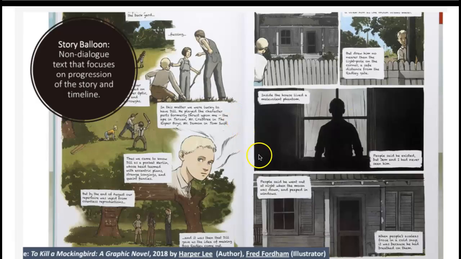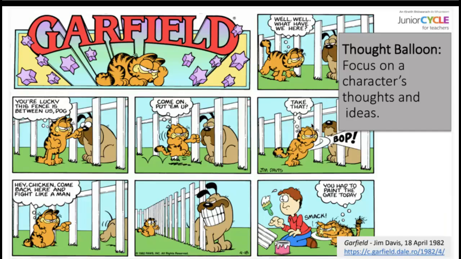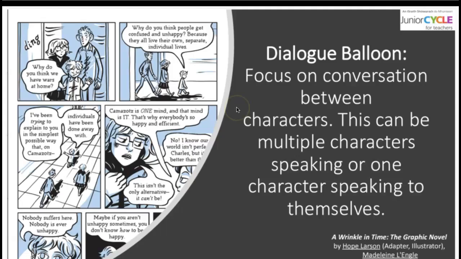Here is a story balloon. They're not talking, but they're telling the story through narrative to get you into the story, but no one is speaking yet. These are not dialogue balloons. Here you have Garfield. You see everything he's thinking, which is how he communicates, because you can tell they're these little dots and then this cloud balloon.